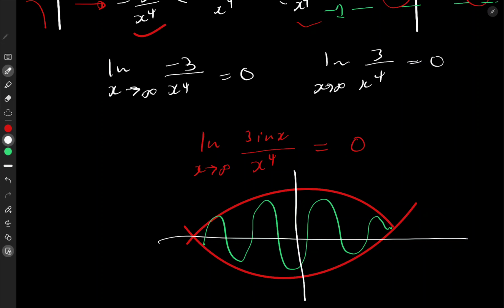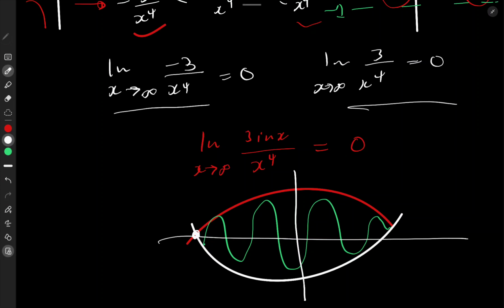So we're trying to say that as I approach this point, if the lower function is approaching 0 and the upper function is approaching 0 again, that means the inner function that is bounded by these two functions should also approach the same thing. That's exactly what the squeeze theorem says.